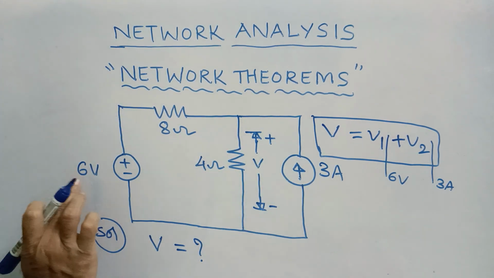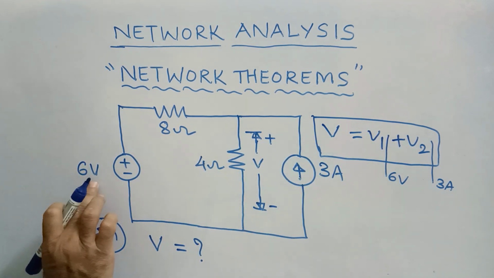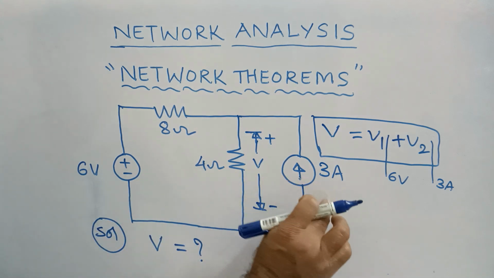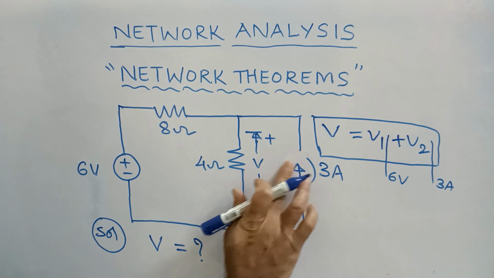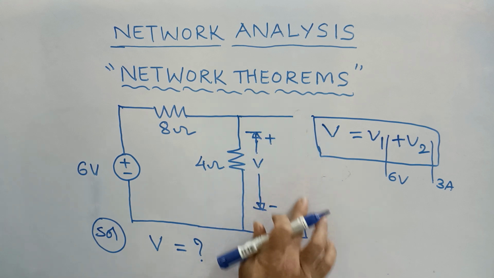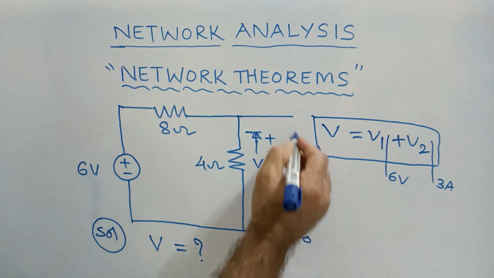So for finding V1, considering the 6 volt source, I have to remove this 3 ampere source. How? Simply open circuit it, means remove this. If you open it, then your circuit will be like this. It is open circuit.